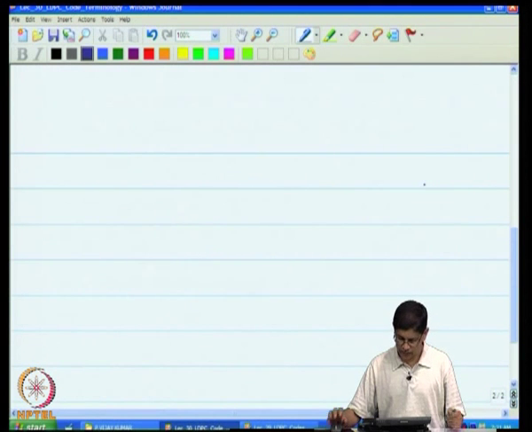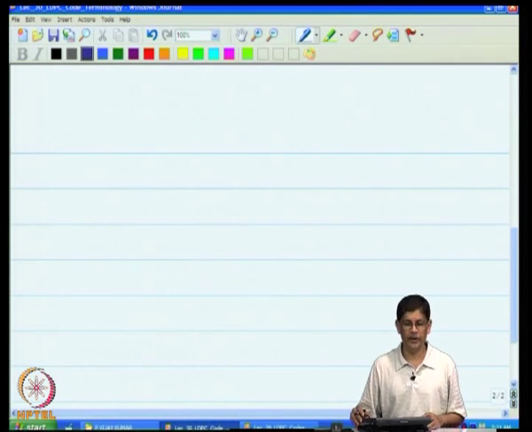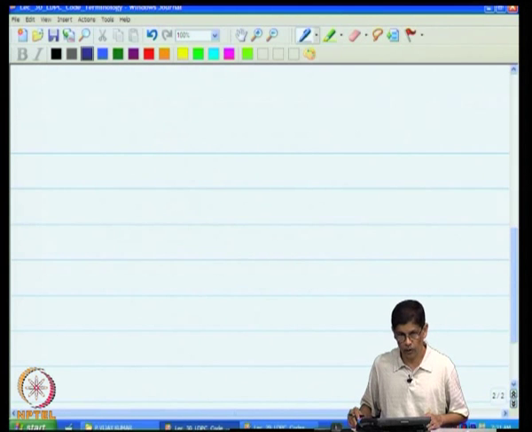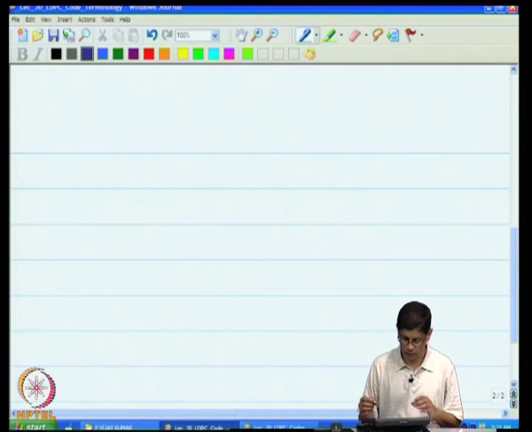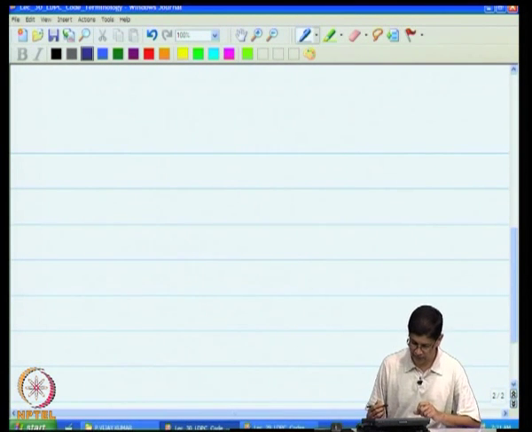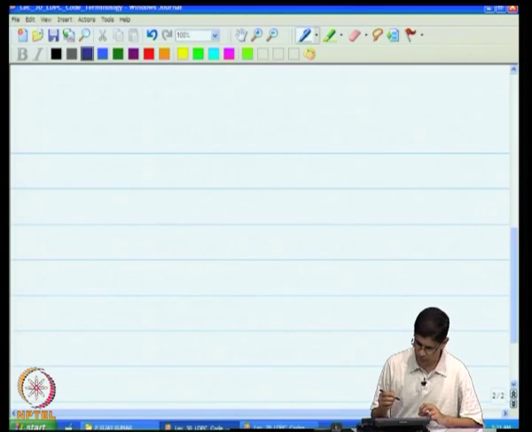So perhaps what I will do is I will begin by drawing a graph, and we will call upon this graph several times over the course of the next 2 or 3 lectures. So, it is going to take me a couple of minutes to set up this graph, and so let me do that first.